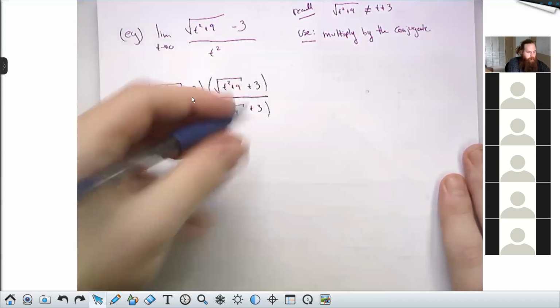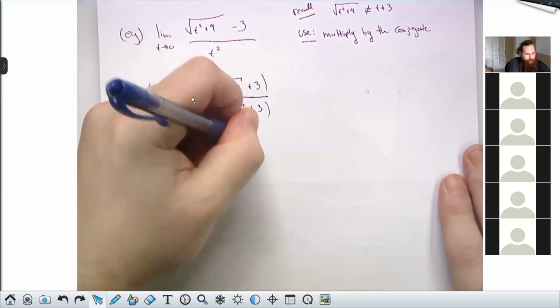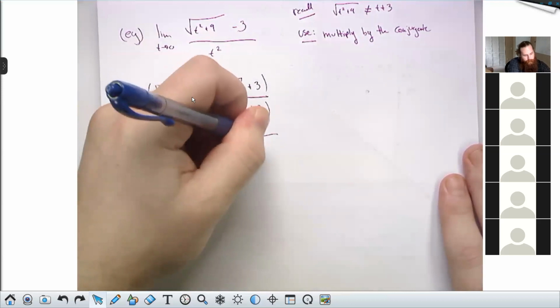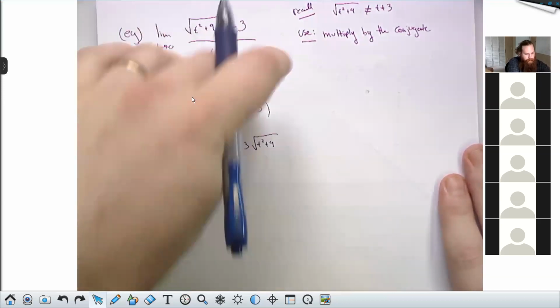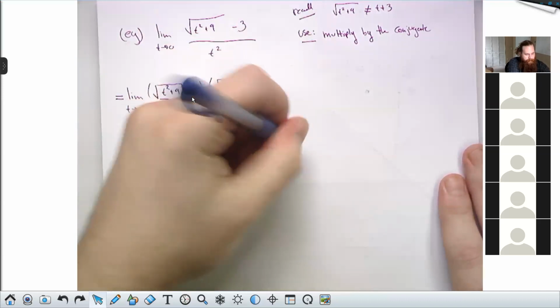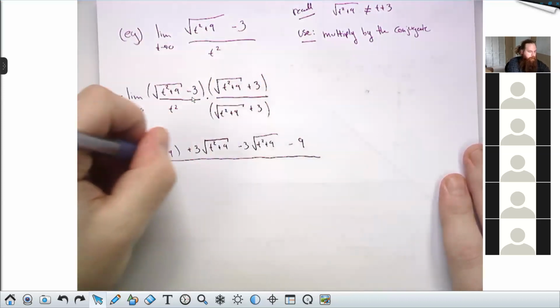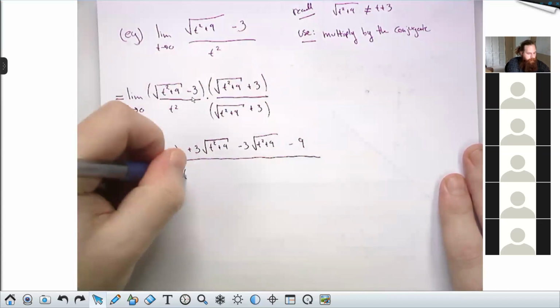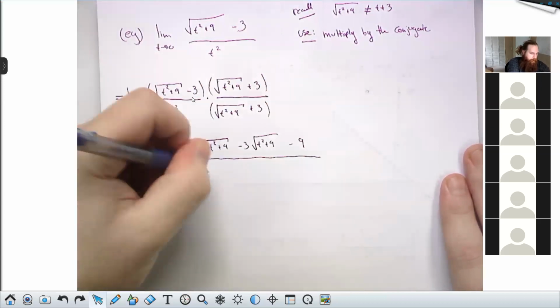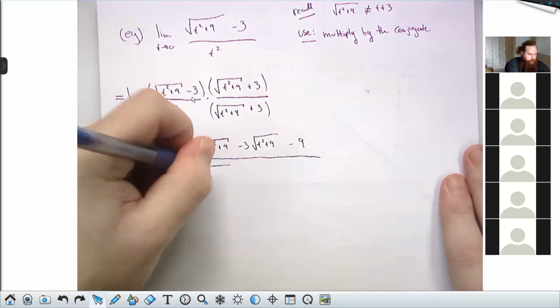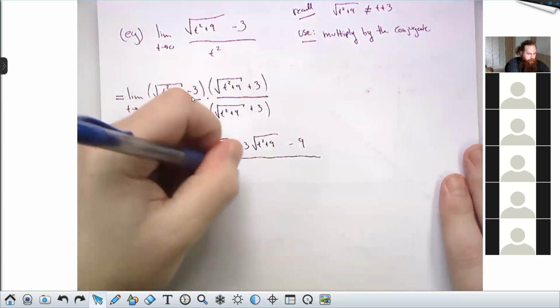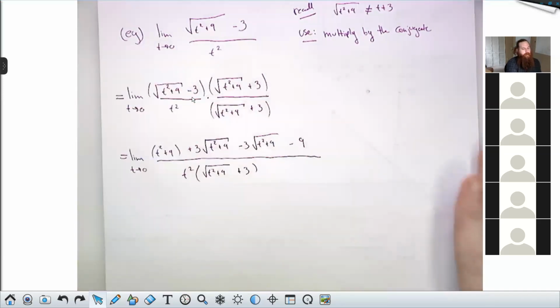My inners are minus 3 times the square root of t squared plus 9. And my lasts here are minus 9. So that's the numerator all FOILed out. And then downstairs, I'll just leave this as t squared times the square root of t squared plus 9 plus 3. Don't need to bother doing anything downstairs.